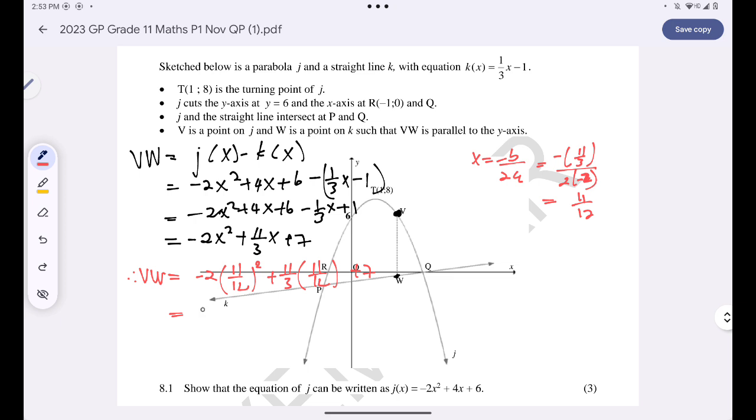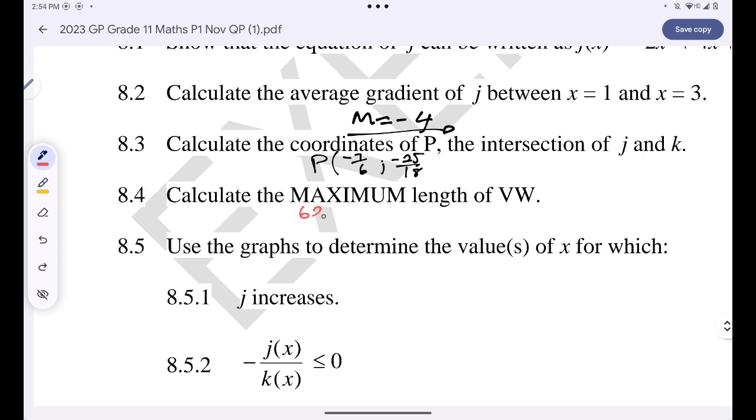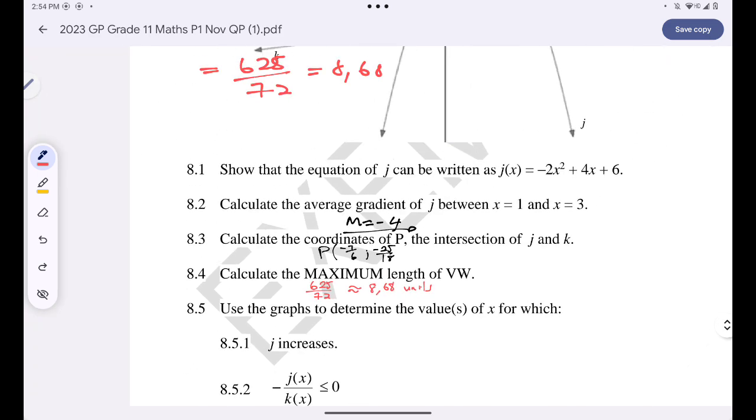I simplified, 625 all over 72, which is simply 8.68 units. So the maximum length is just 625 over 72 units, or it's 8.68 units. That's the maximum length.